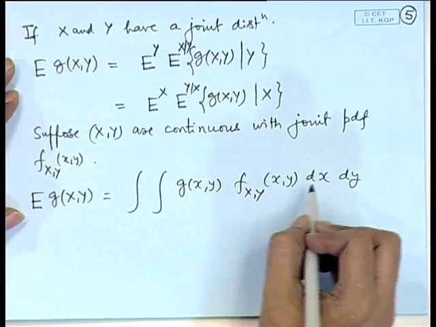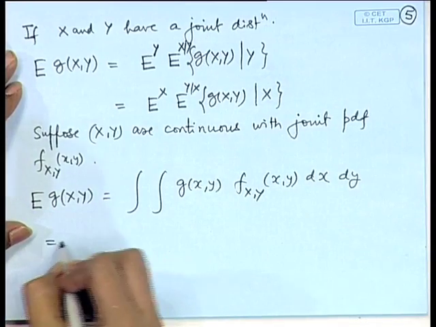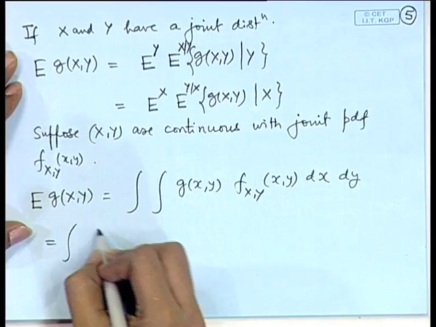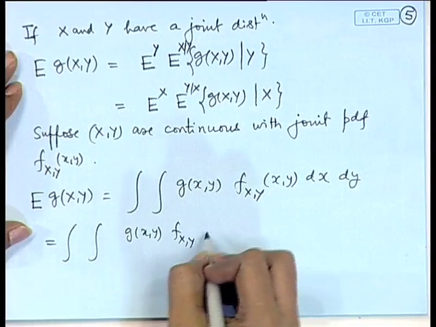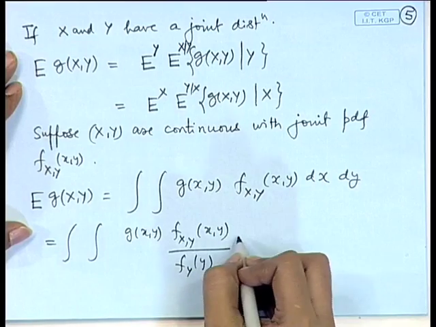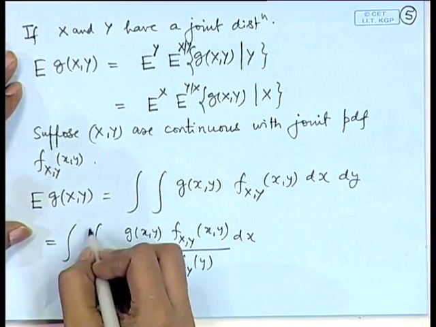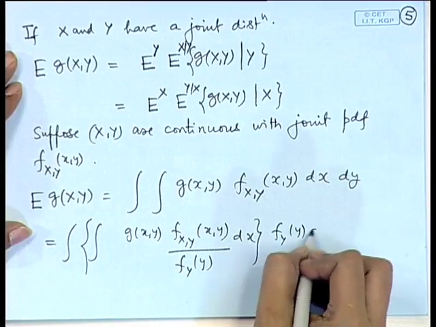Suppose we keep the order of integration as dx dy. Then this we can express as integral of g x y f x y divided by f y, multiplied by f y dy.